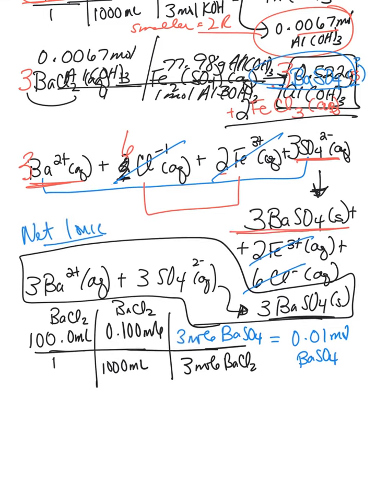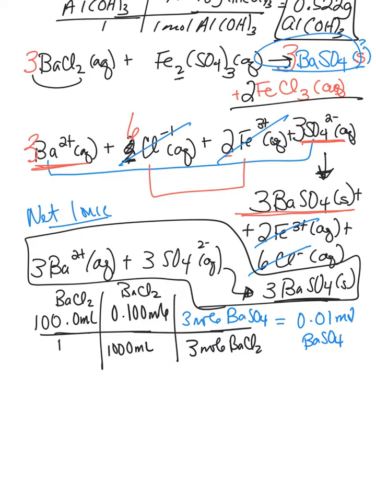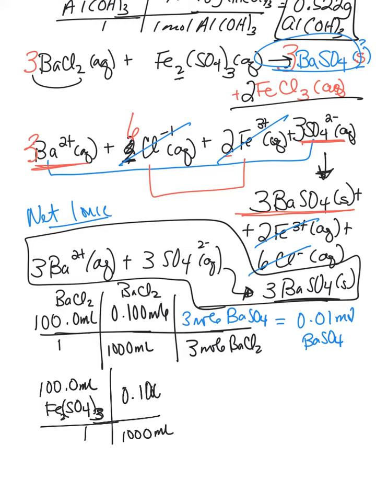We do the next problem, and the next one is for 100 milliliters of iron sulfate, Fe2(SO4)3. The concentration is per 1,000 milliliters, we have 0.100 mole of iron sulfate.